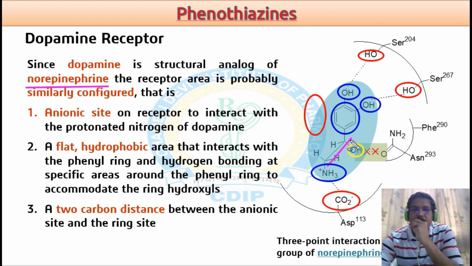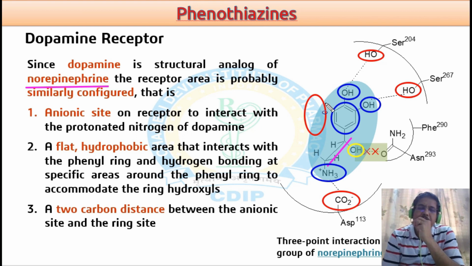So the thing is that this phenyl moiety, this aromatic moiety, is able to interact with the flat hydrophobic zone present in the receptor. So this is the probable binding pattern of dopamine on the receptor side.